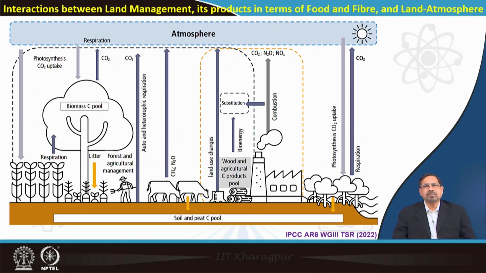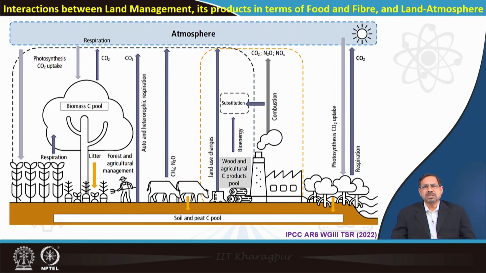On the left hand side of this we are talking about photosynthesis. All of us know photosynthesis is the process by which plants withdraw carbon dioxide from the atmosphere in the presence of sunlight, utilizing the water which is withdrawn from the soil.